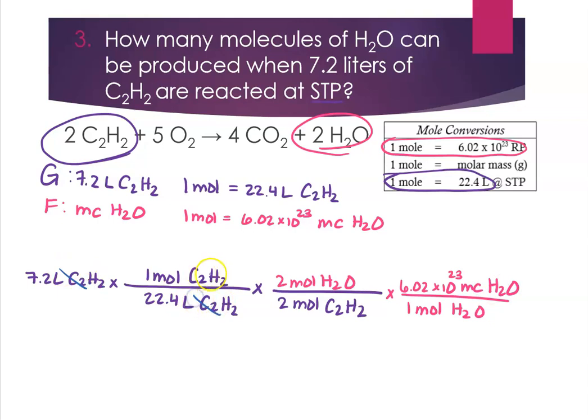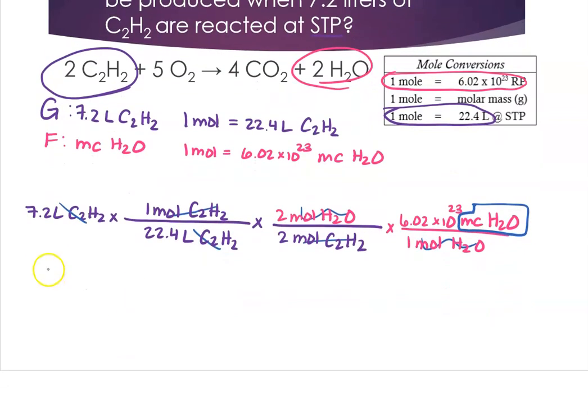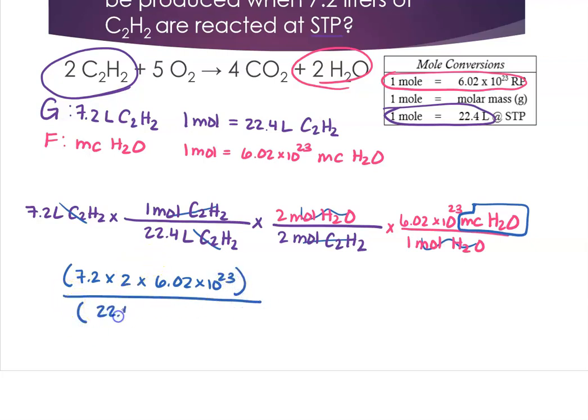Liters cancel with liters, moles C2H2 cancel moles C2H2, moles H2O cancel moles H2O, and I'm left with molecules of H2O. So (7.2 times 2 times 6.02 times 10 to the 23rd) divided by (22.4 times 2).